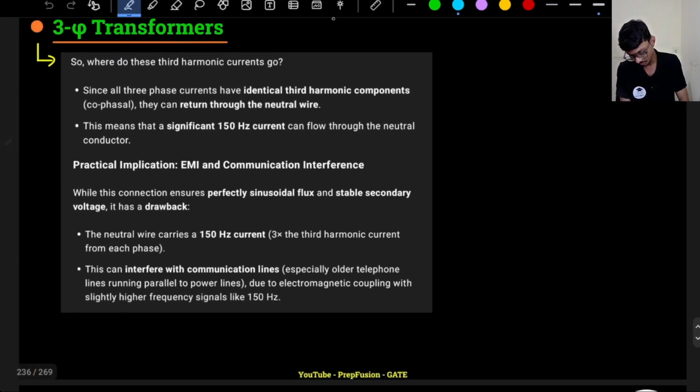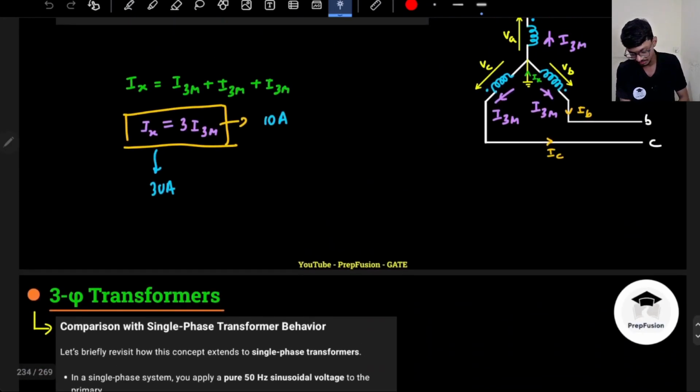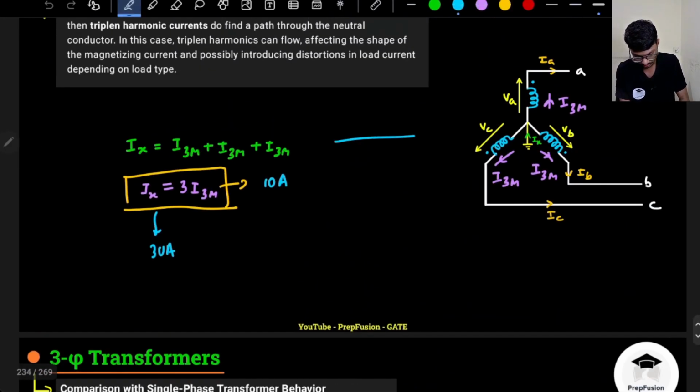That is a problem. This can interfere with communication lines. In transmission lines, if I have 2 wires, let's say this is the neutral wire, and this is some communication line through which you make phone calls. Let's assume 30 amperes of sinusoidal current flowing through the neutral.